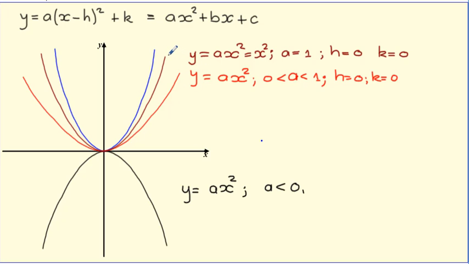Obviously this one, if it's a standard a here, will be equal to 1, and there a will be greater than 1, and for the red one a will be less than 1, and all these a's are greater than 0, and all the curves here are cup up. And because we're still considering h and k equal to 0, the line of symmetry remains x equals 0, which is actually our h.